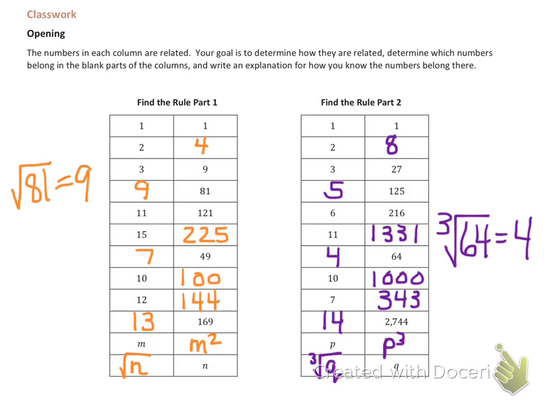It's assumed. The 2 doesn't need to be there because we just assume it, okay? So that is the square root symbol. Over here with the 3 is the cube root symbol. So that's some new notation for you in this lesson.